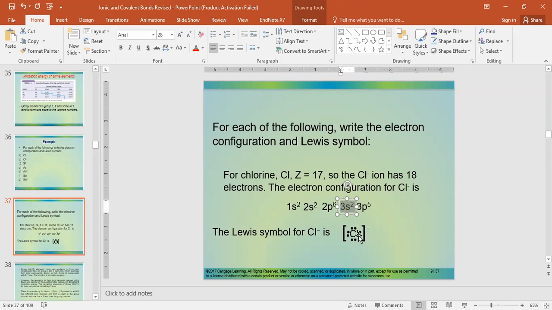So the moment you write the Cl, let me see. When you write Cl, this is written as 1s2, 2s2, 2p6. Then I want to change the color.